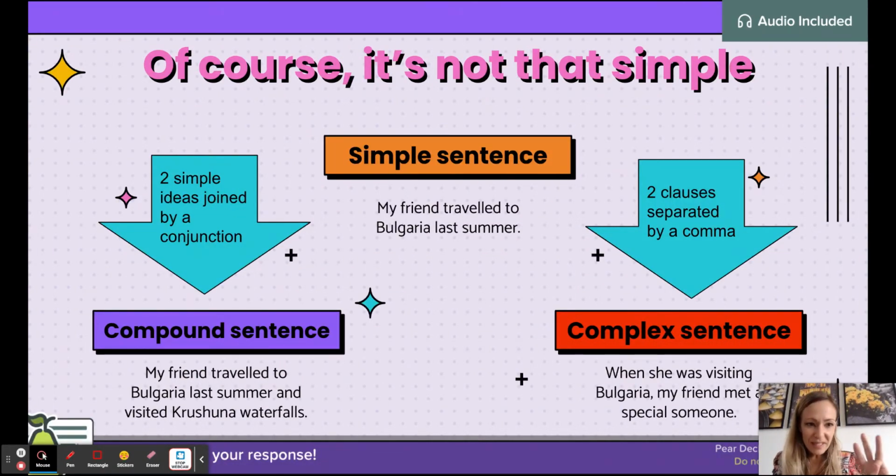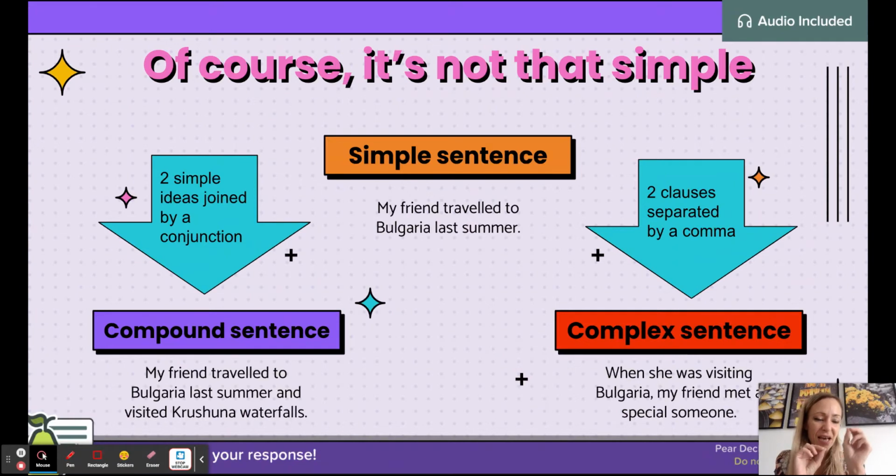So there are three basic types of sentences that we will use. The simple sentence, which I just showed you. A compound sentence, which has two simple ideas joined by a conjunction, something like and, but, so, or, nor, for. So two simple sentence ideas joined by that conjunction.